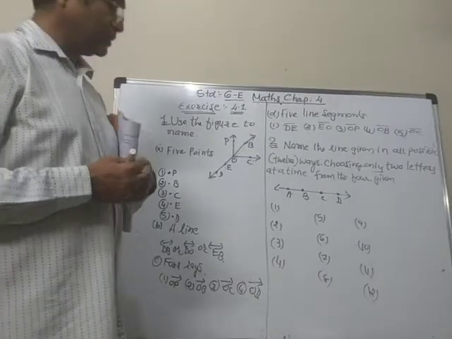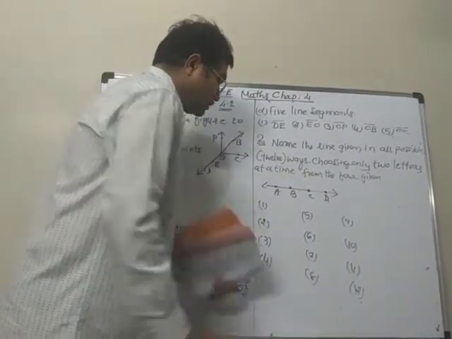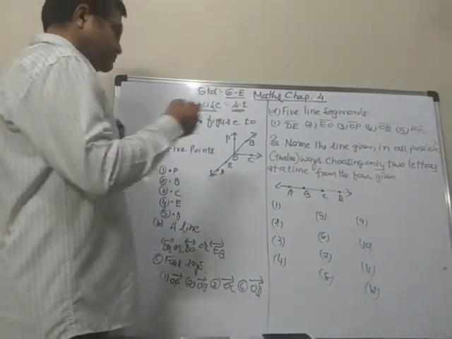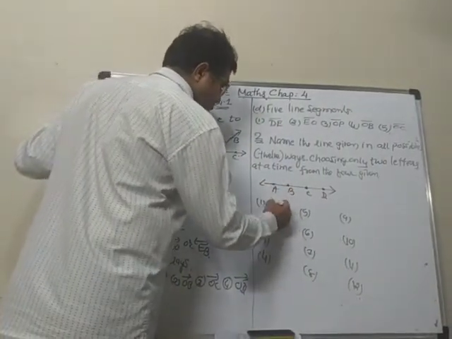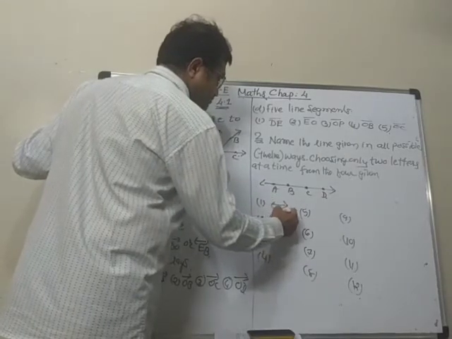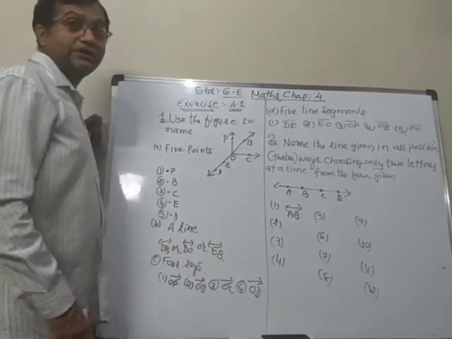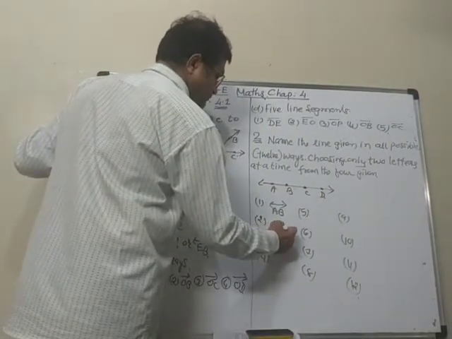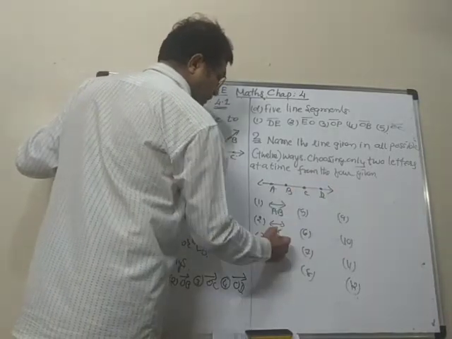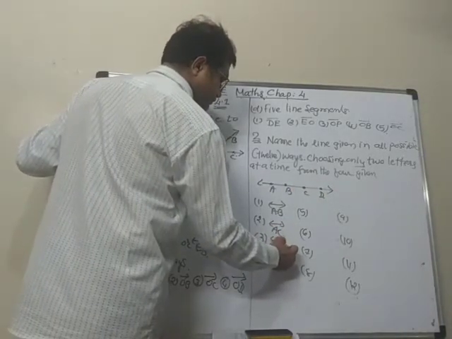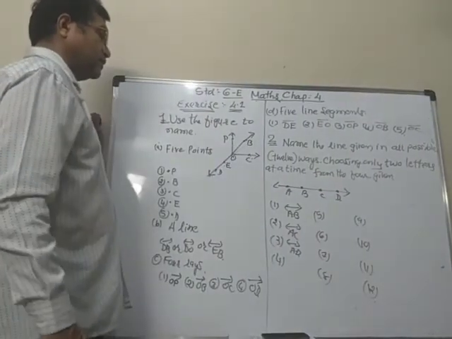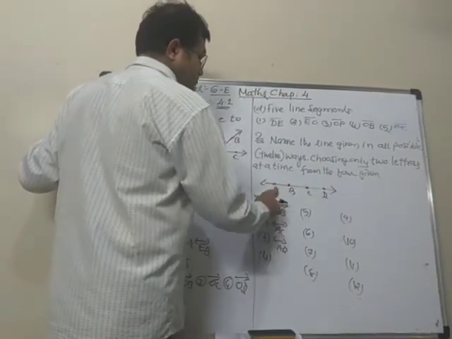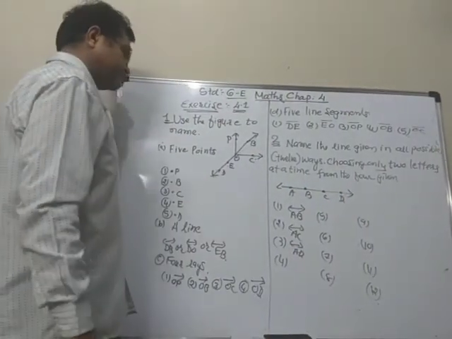But we have to remember that we take 2 points at a time only. So first of all, we can take line AB. We can take any 2 points. Then we can write down line AC. We can take line AD also. So starting from A, we take AB, line AC and line AD.